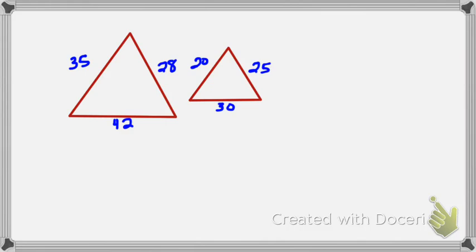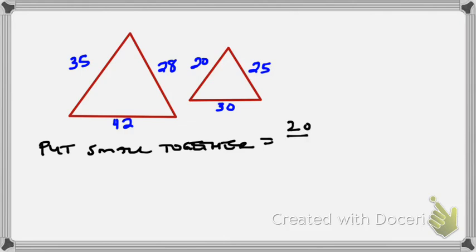So if I want to put these together, I'm going to put the small ones together. So I'm going to end up with 20 over 28 or 28 over 20. It doesn't matter depending on how you do it. Okay, but if I start in this order, the next thing I want to do is put the medium ones together.